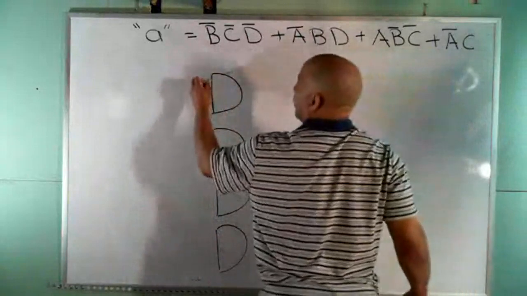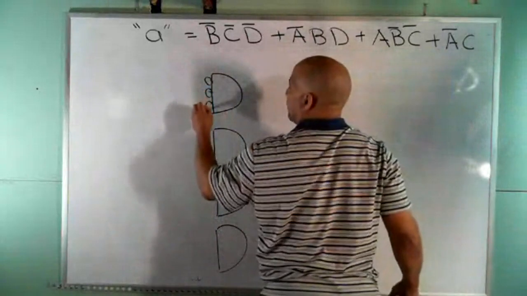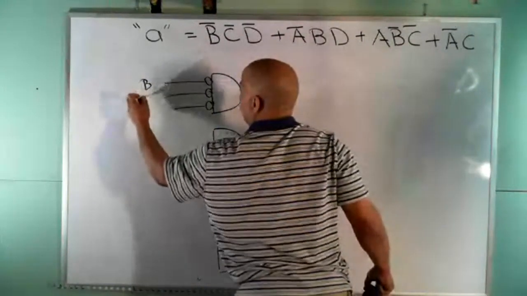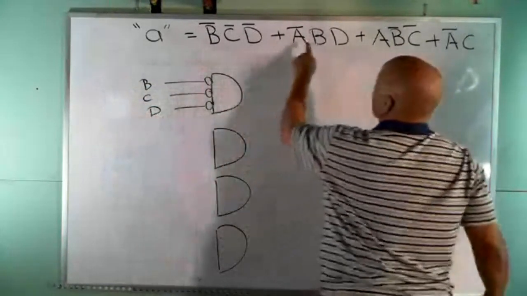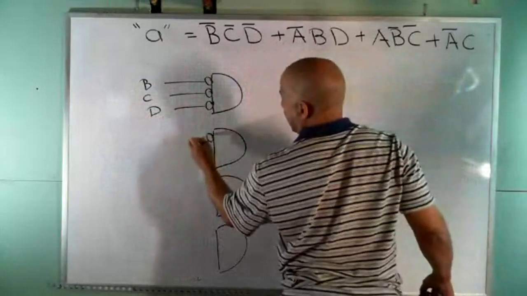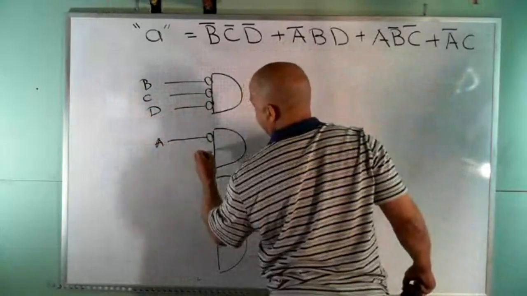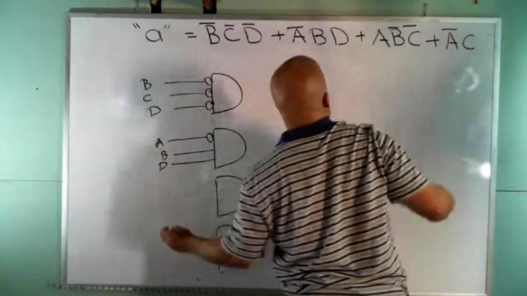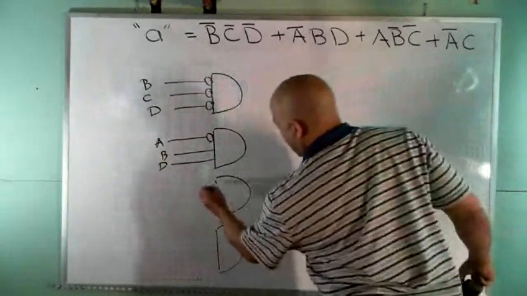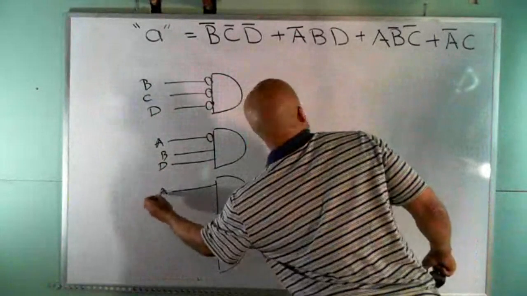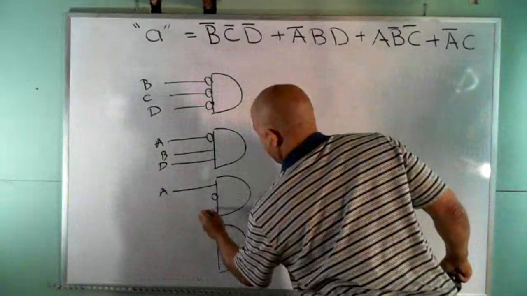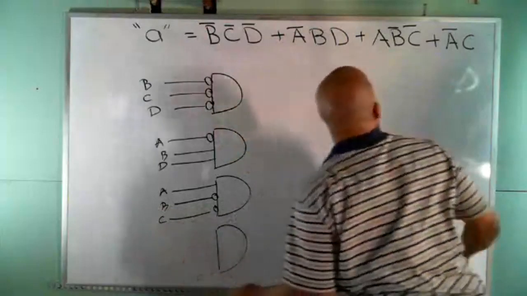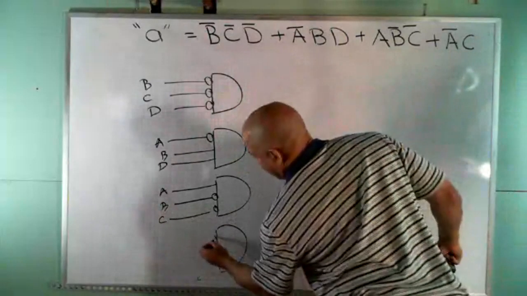Three input AND and they're all knotted, so I got bubbles here. Three input with a bubble on A. Three input with a bubble on B and C. Two input with a bubble on A.